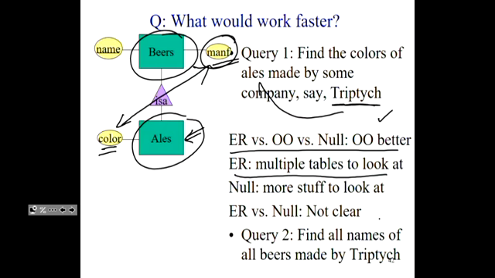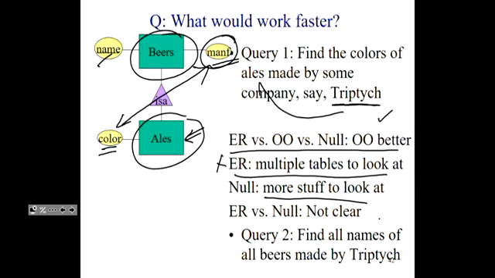So the ER approach is not as good as the object-oriented approach. The null value approach is also potentially bad. This is because there's more stuff to look at, more stuff that you don't care about. For instance, you don't really care about the names of the beers, right? All that you care about are the colors of the beers, and there may be a lot of non-ales present in the beers relation in the null value approach.